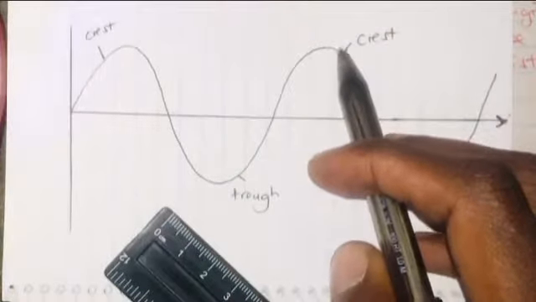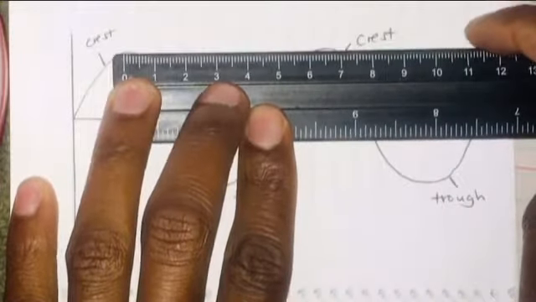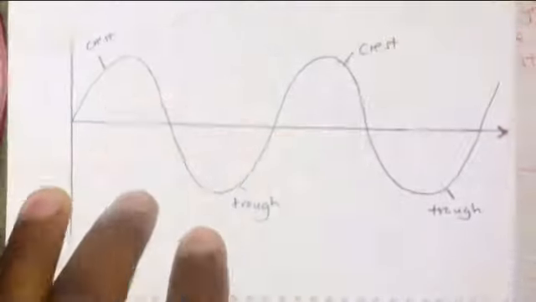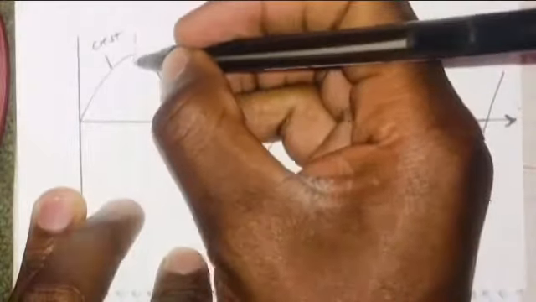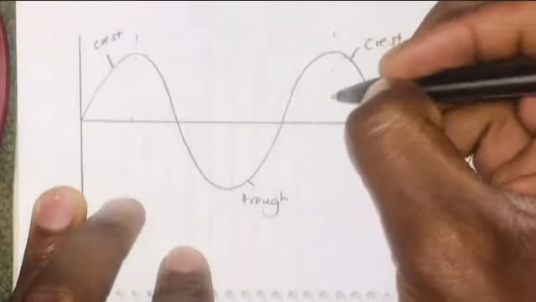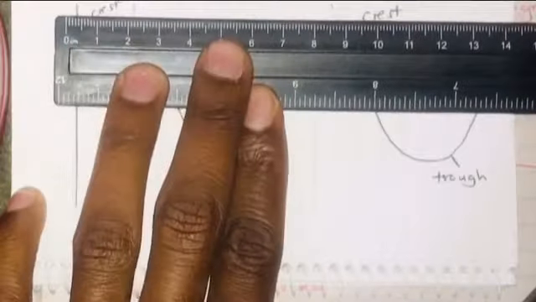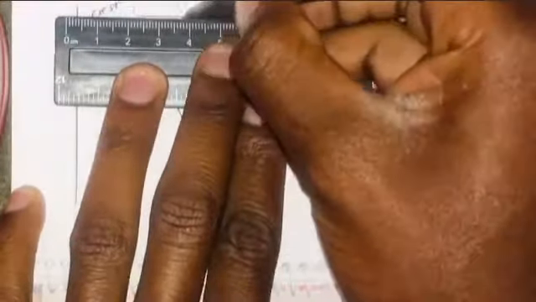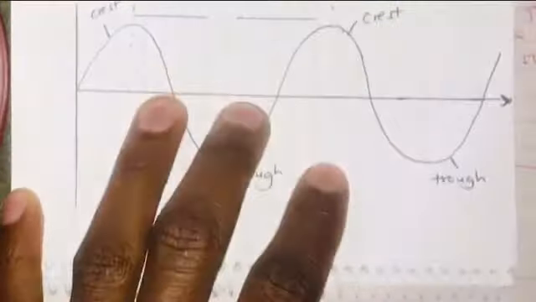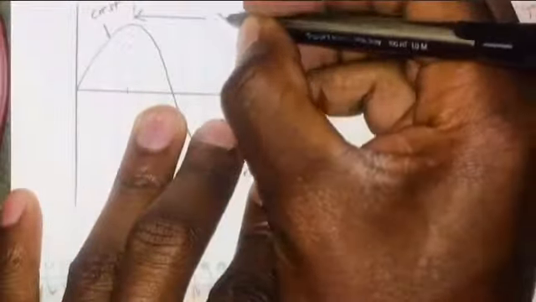If we consider that, then we consider the distance from the peak of this crest to the peak of this crest, and that makes the wavelength. That is, our wavelength lambda is the distance from this to this.